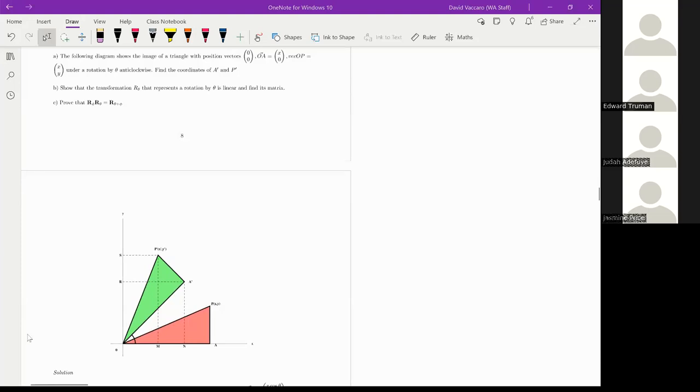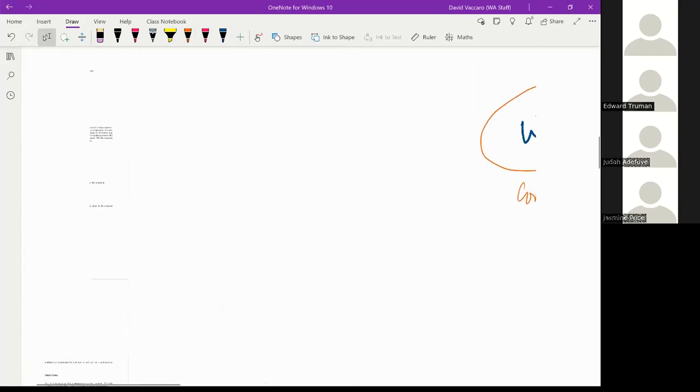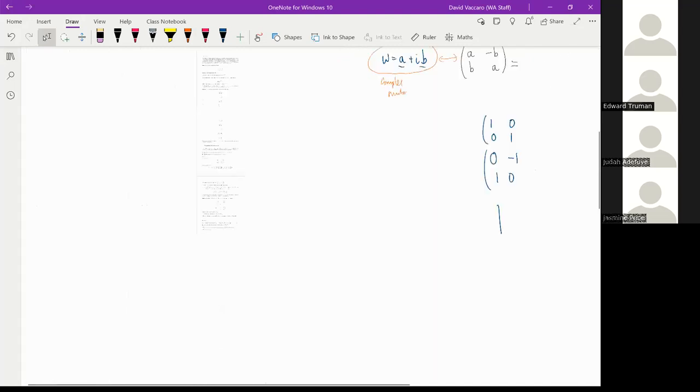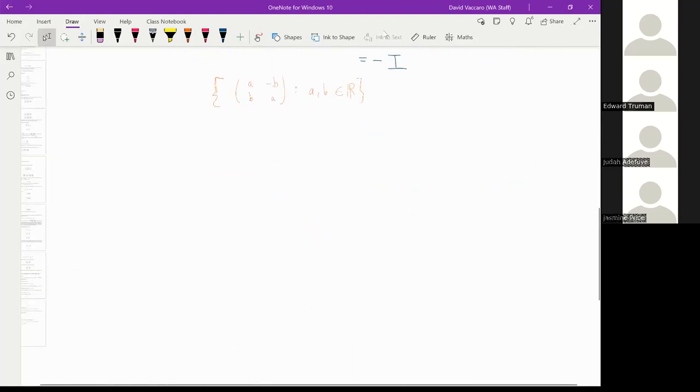So this is an example from the problem sheet. And this is going to give me an example of a very important transformation that can be represented by a matrix.